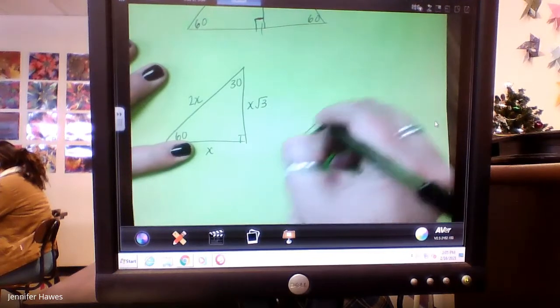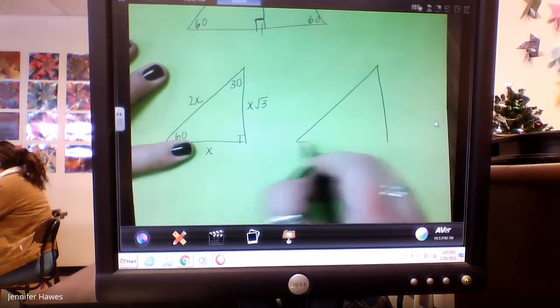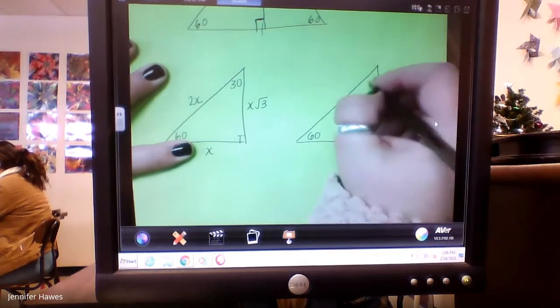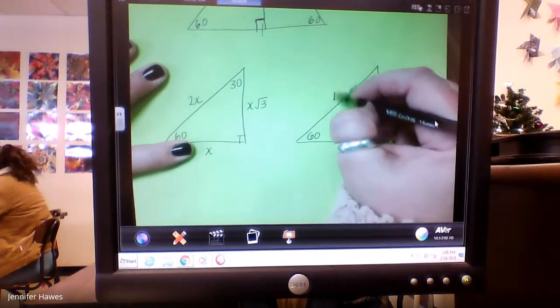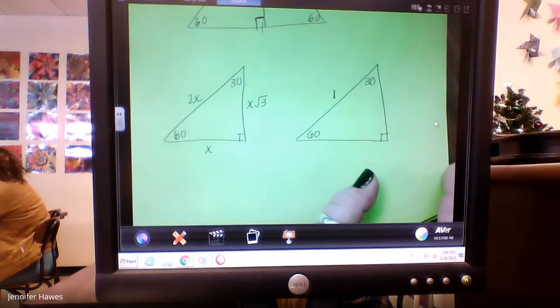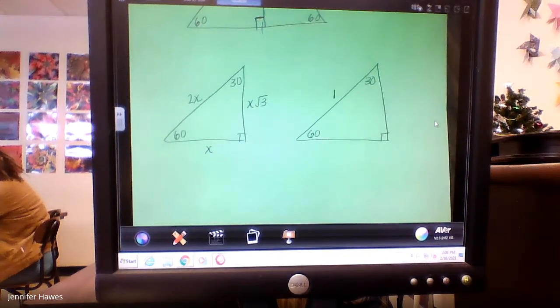Okay, this one I want you to write down. Okay, so same thing as I did the last one. I'm going to say my hypotenuse is 1. Okay. What's that shorter side going to be?